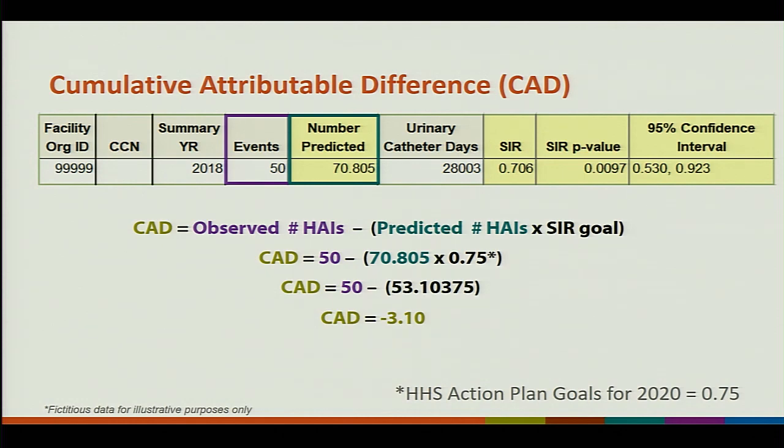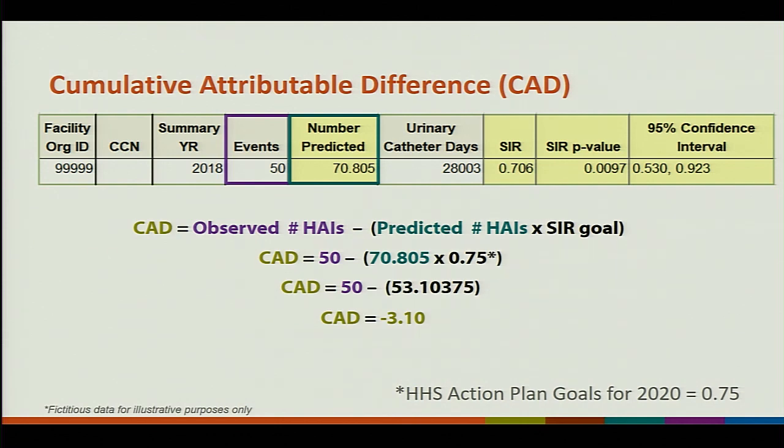Well, let's see. They look at their TAP reports. They create a TAP report and they look at their CAD using the HHS action plan. If we look at their SIR report first, events, 50 events, number predicted, 70.805. That gives them an SIR of 0.706.